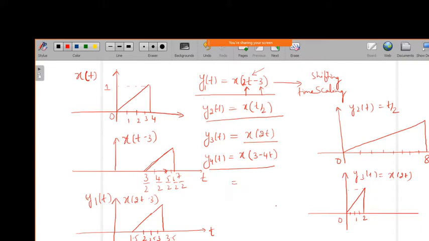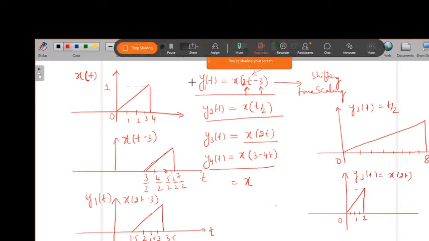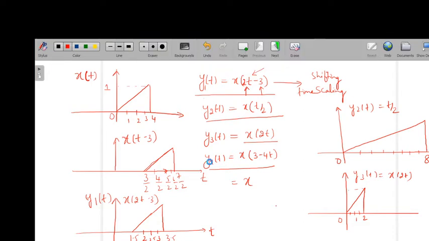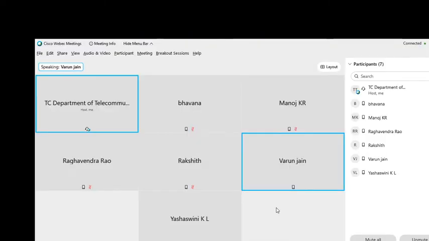The screen is freezing, sir. It's not properly visible. Yes, sir. I'll check, one minute.